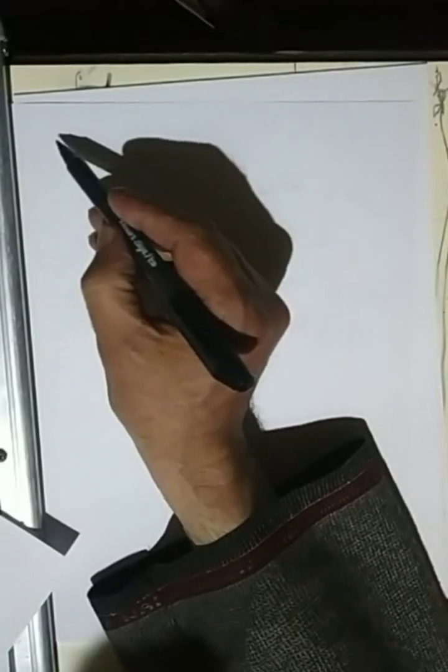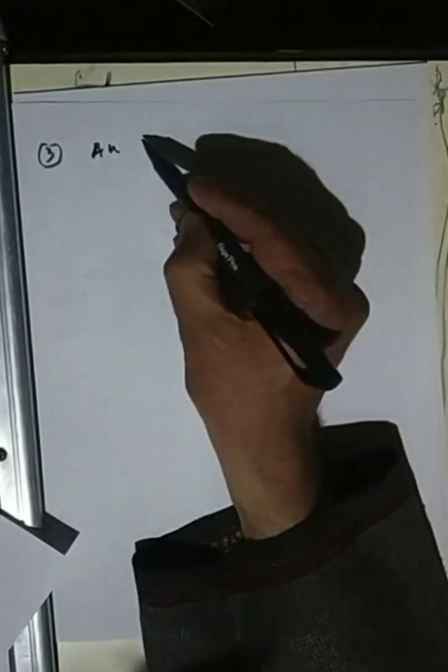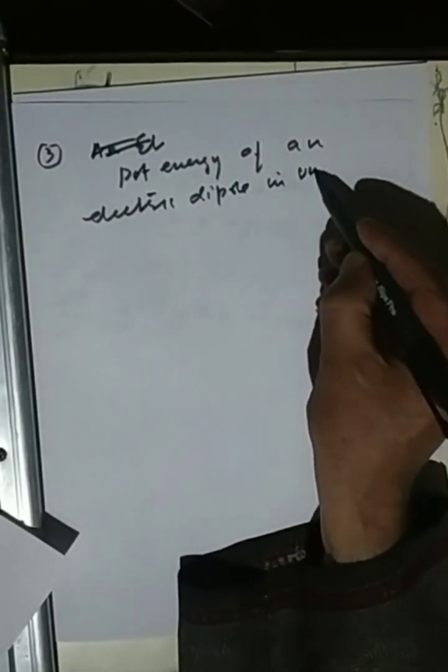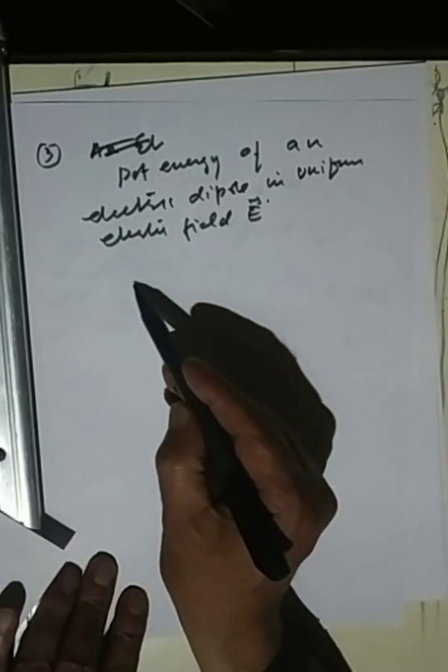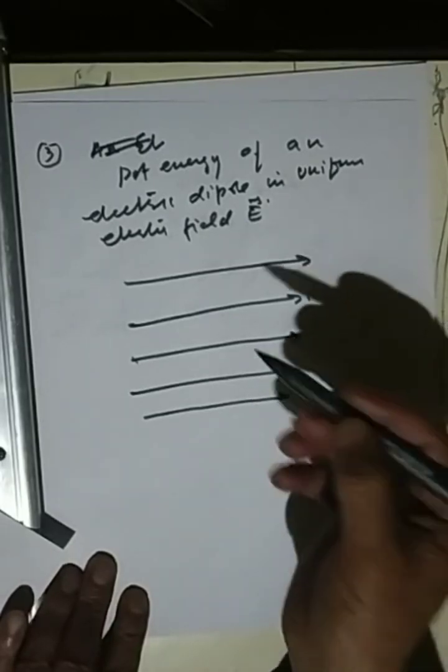Next we have, third, the electric potential energy of an electric dipole in a uniform electric field E. Let us suppose that we have a uniform electric field produced by some charge configuration, which we show by the equidistant lines.